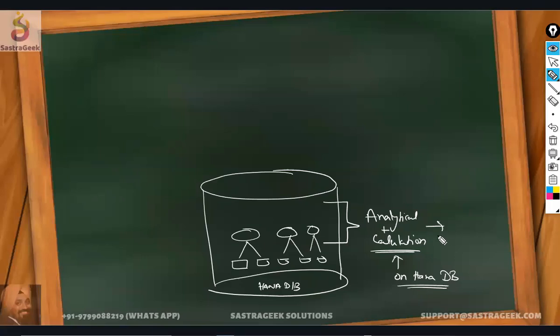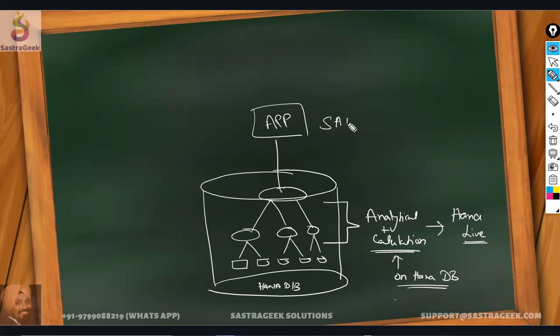Earlier we discussed HANA Live, and HANA Live uses these views. Multiple views you can create, and then they can be fetched to any application. All SAP BI applications now support these views, and you can generate analytics out of them. That kind of dashboards can be generated.